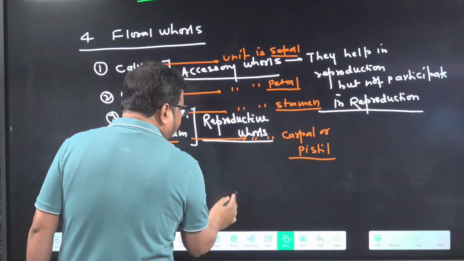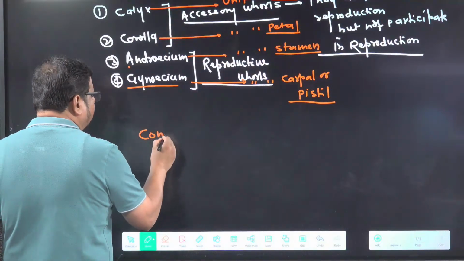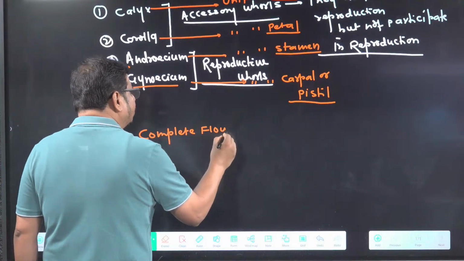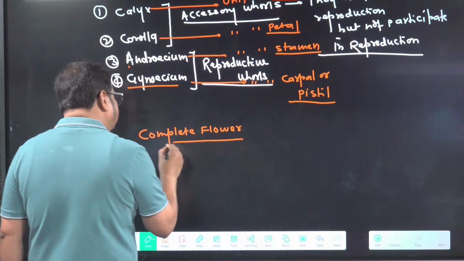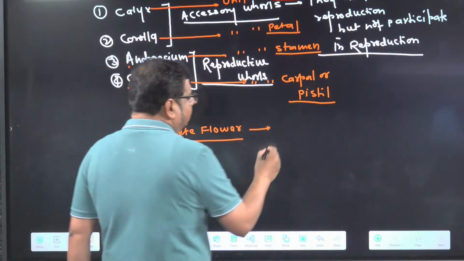Now I am telling you about two types of flower. One is complete flower. Another one is incomplete flower. So what is a complete flower?